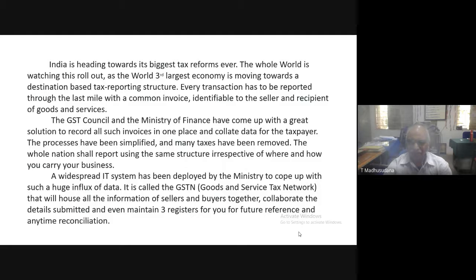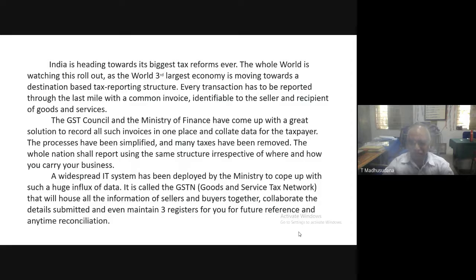It is called the GSTN, that is Goods and Services Tax Network, that will house all the information of sellers and buyers together, collaborate the details submitted, and even maintain three registers for future reference and anytime reconciliation.